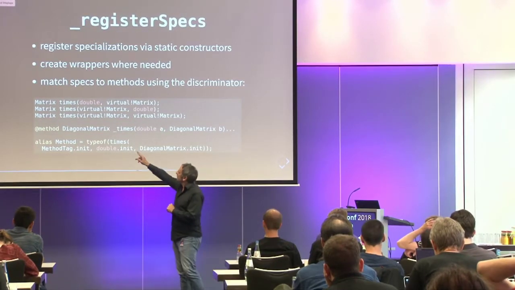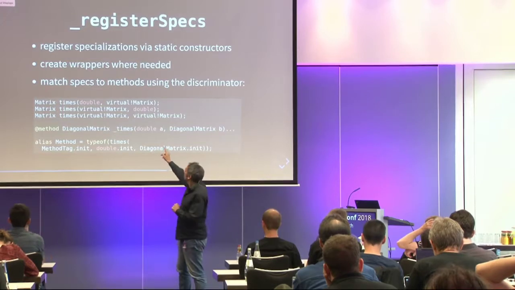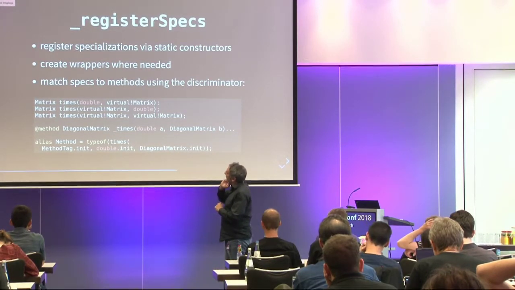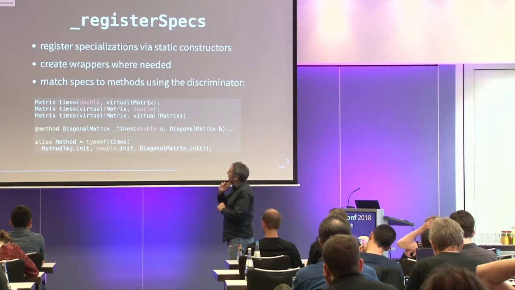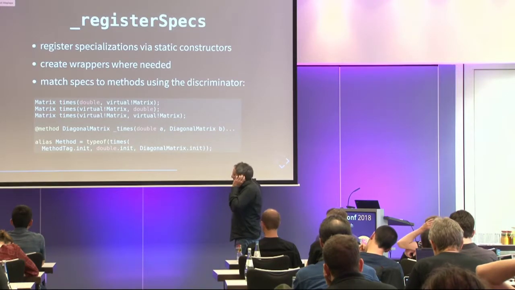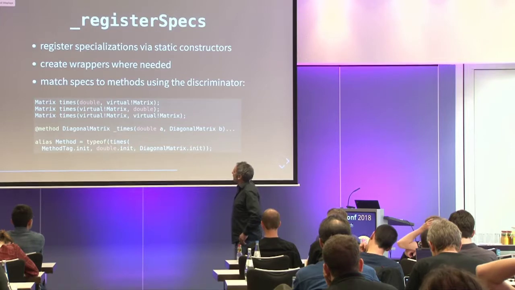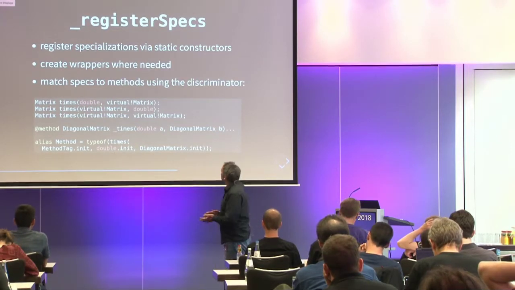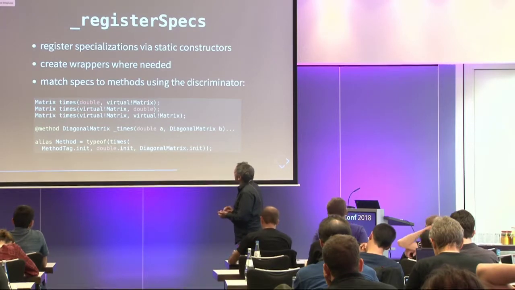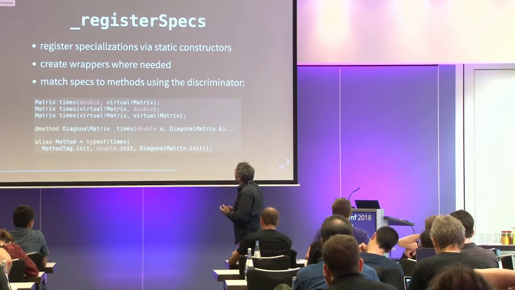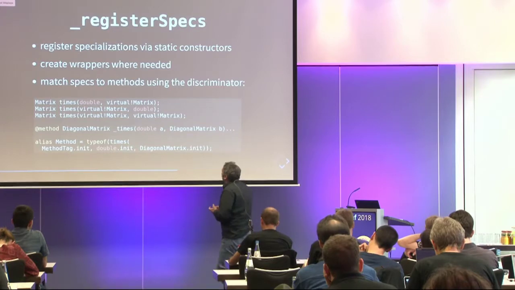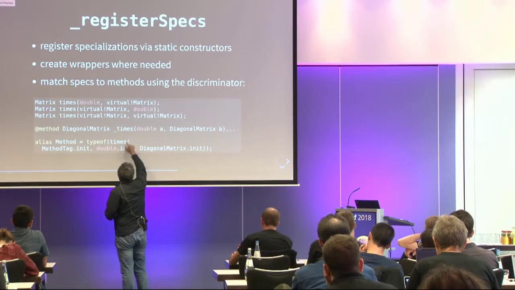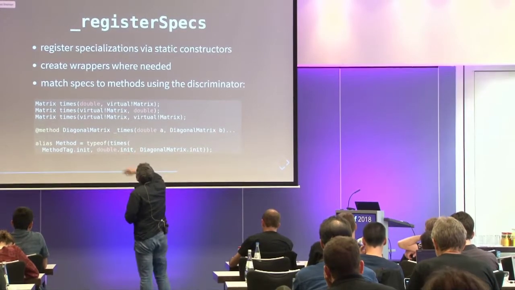Here we have 3 open methods. One is a multi-method, the other 2 are uni-methods. It's for multiplying matrices by matrices, matrices by scalars, and scalars by matrices. So how does register specs know that this times is specializing the first?